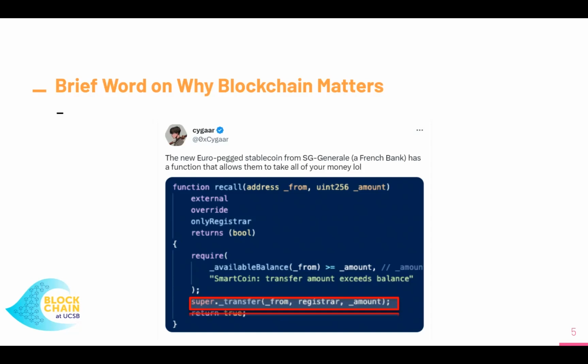And this just goes to show some of the centralization risks that are associated with traditional fiat currencies. This is completely unacceptable in the blockchain world. Most of our cryptocurrencies are very well audited, and if this kind of functionality appeared in a cryptocurrency, there would be a huge issue.